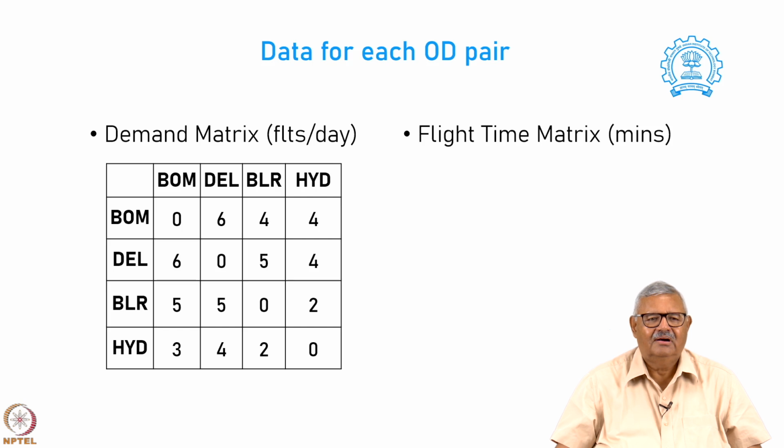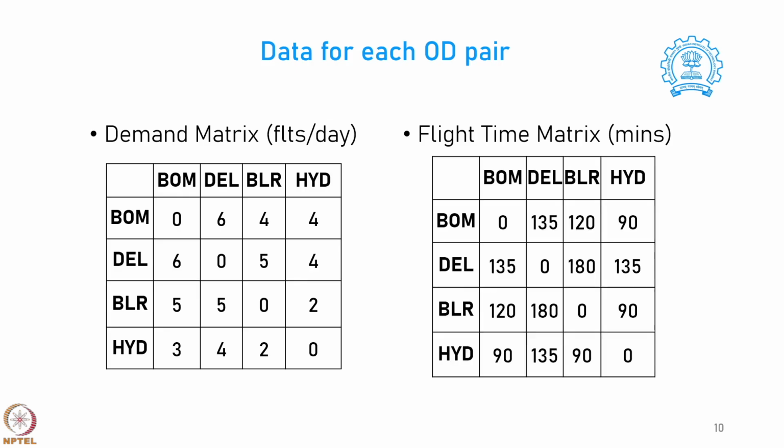For example, there are 3 flights which are supposed to be from Hyderabad to Bombay, as in the first column last entry, but there are 4 flights from Hyderabad to Bombay desired. This can happen, although it is generally very symmetric, it need not be symmetric. In the flight time, however, we can assume that it is symmetric, that whatever time is taken to go from A to B will be the same as to go from B to A.